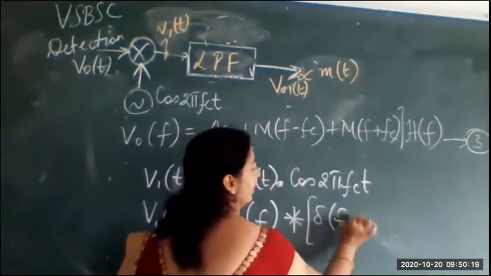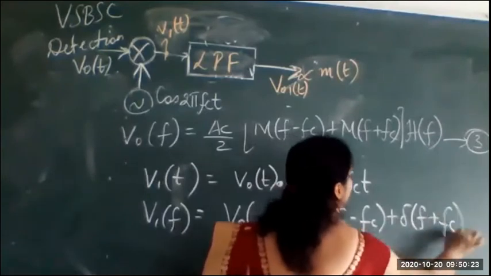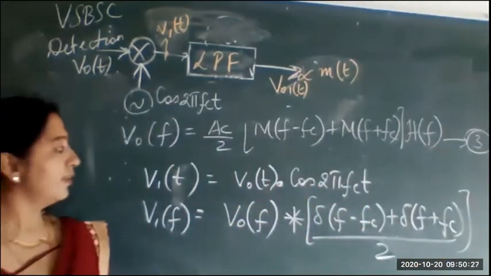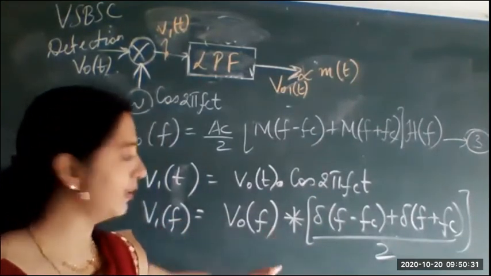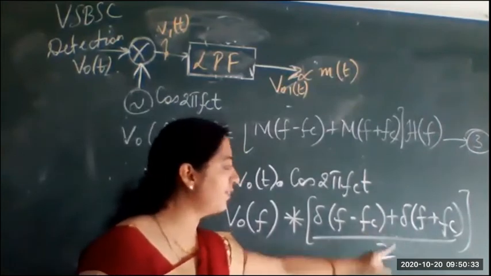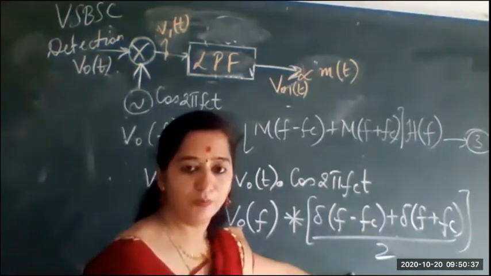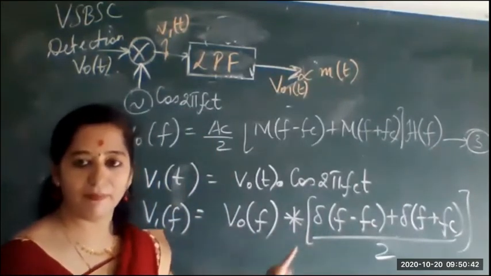Delta f minus fc plus delta f plus fc by 2, correct? So whenever you have a cosine, its Fourier transform is delta f minus fc plus delta f plus fc divided by 2.